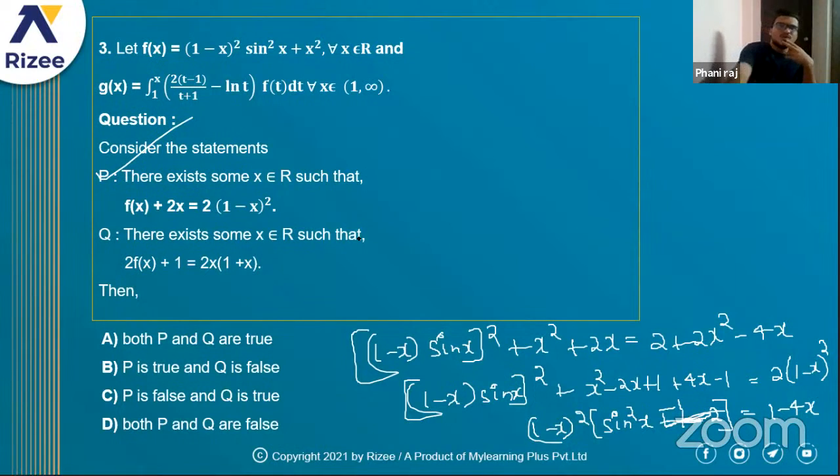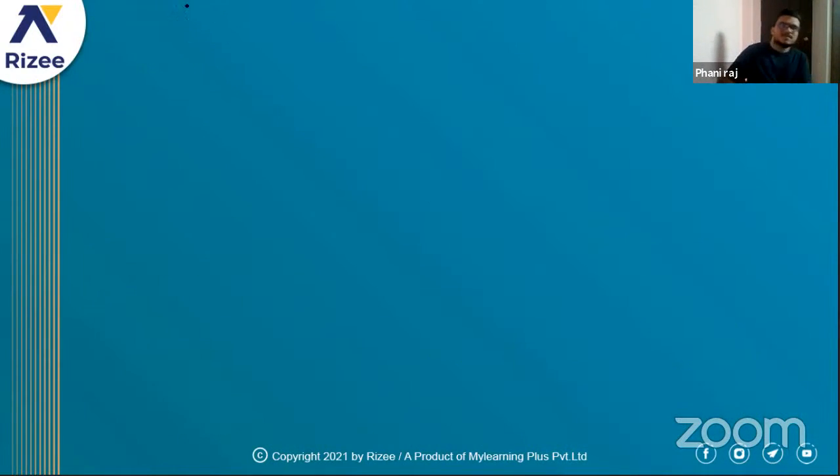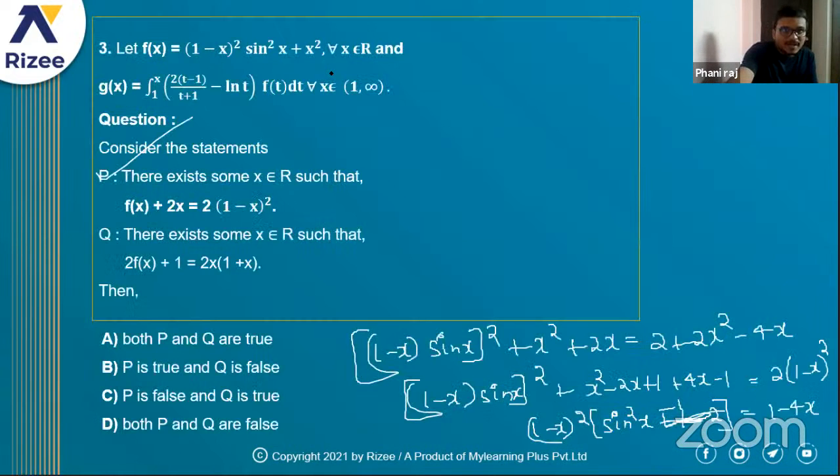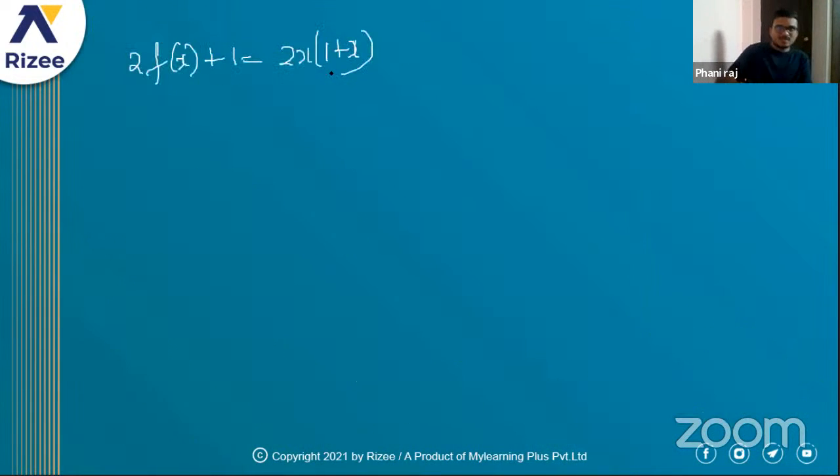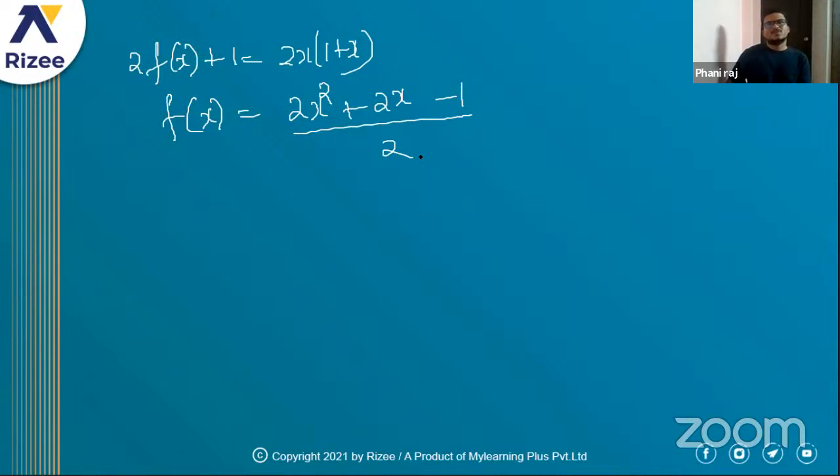We'll do q. There exists some x such that 2f(x) plus 1 equal to 2x into (1 plus x). What is f of x? (1 minus x) whole square sine square x plus x square. So f of x equal to (2x square plus 2x minus 1) by 2.